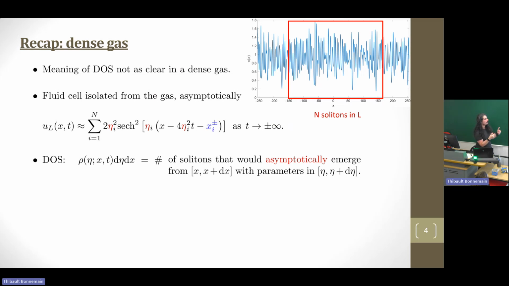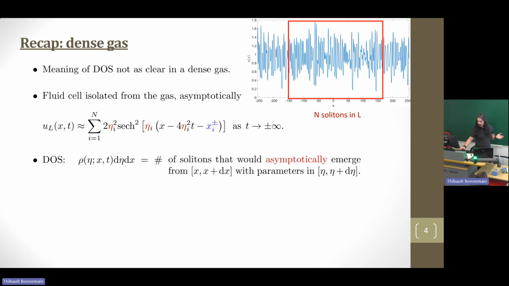So it's based on the assumption that you can carry out a reasoning similar to what we did for the rarefied gas, but also for dense gas. That's not rigorous, of course, because solitons are localized, they don't interact instantaneously. But we have reason to think it works, and that's something I argued last time, and we'll argue a bit more today as well.